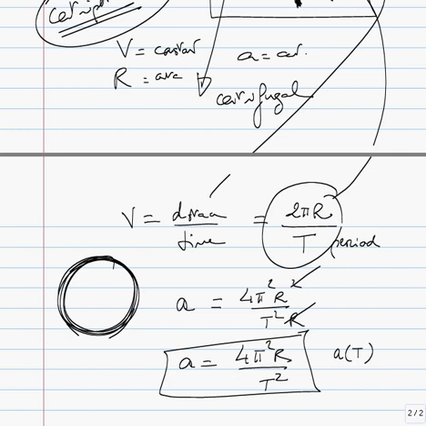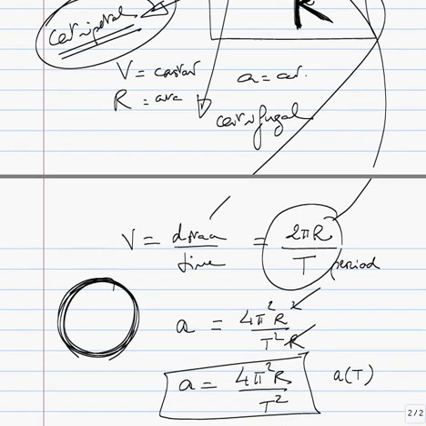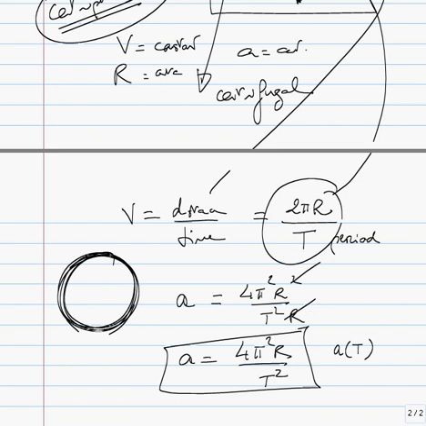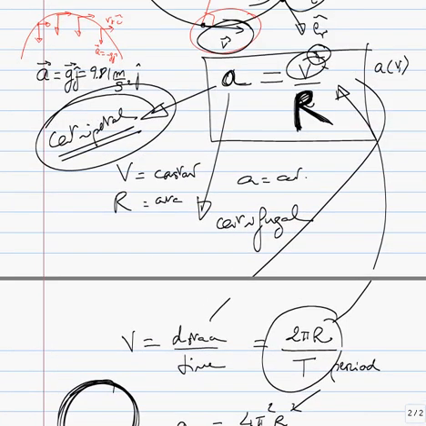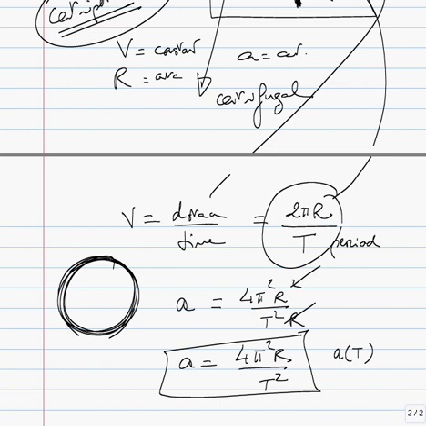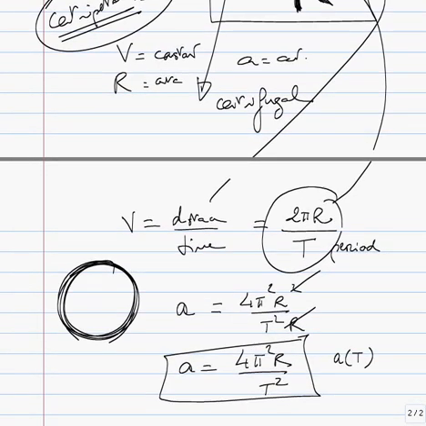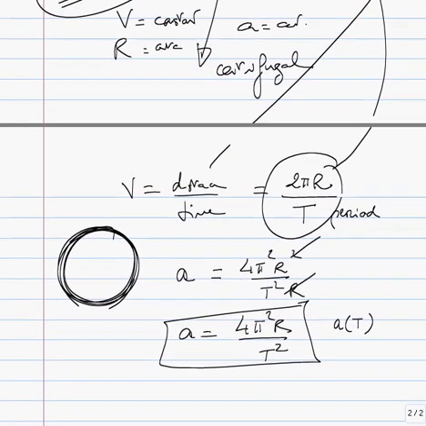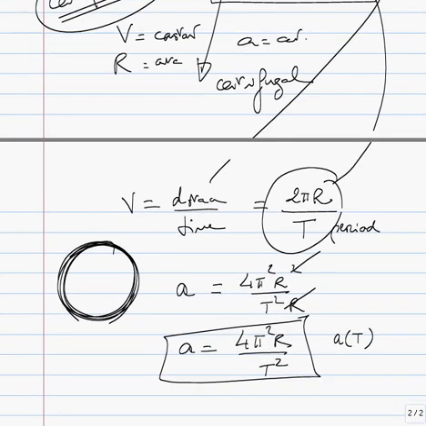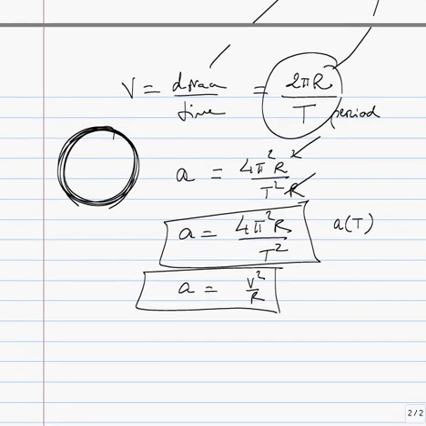So what does it tell us? Either you use this functional form if you're given something about the velocity of the object going in a circular uniform motion.